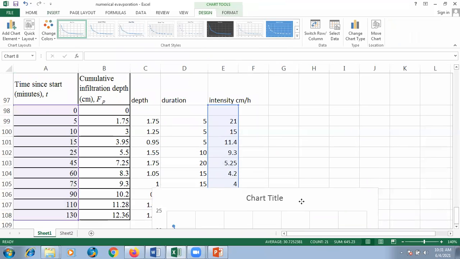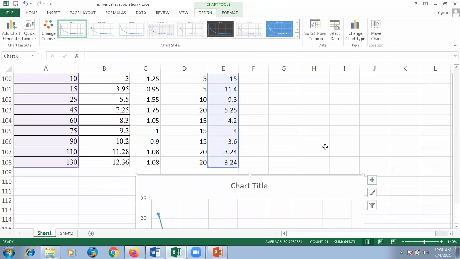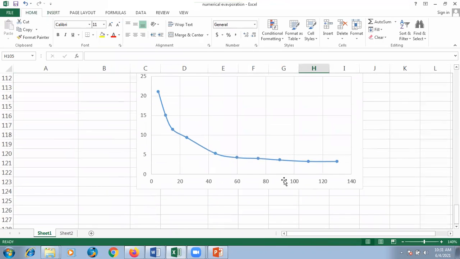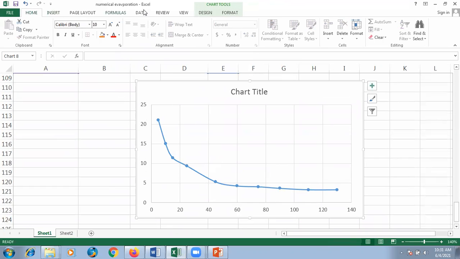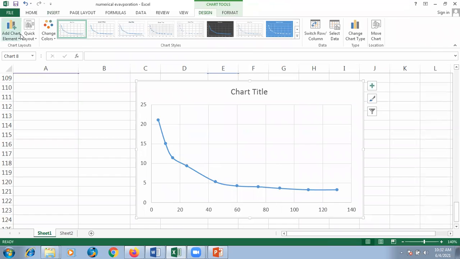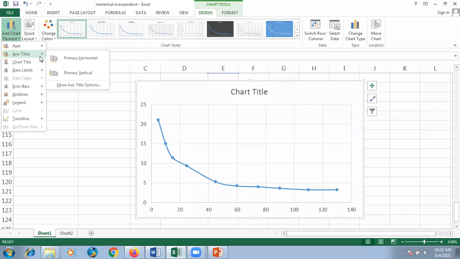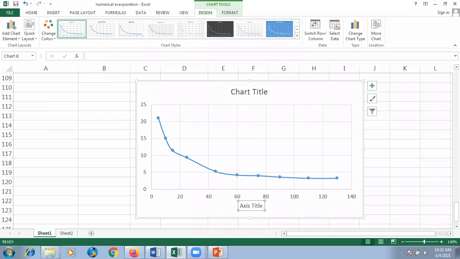Look here. The graph looks like this, where you can represent few things. Chart title has to be given. Axis title also. The axis title, primary horizontal, is time in minutes. First thing.